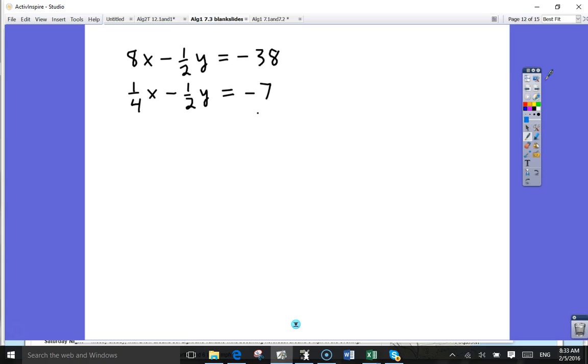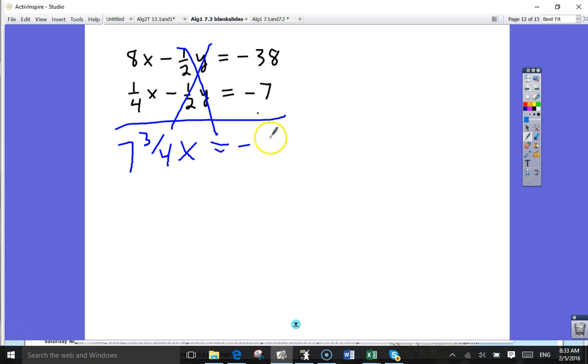So you could either multiply by a constant to get rid of your denominators, or just add or subtract as they are, since it does look like these two would cancel. This would become 7 3/4 x, and this would become negative 31, which is a mess, but it's actually 31/4 times x equals negative 31.